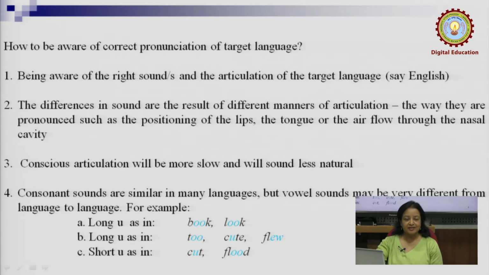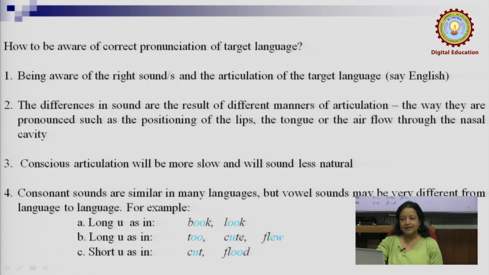The differences in sound are the result of different manners of articulation, the way they are produced or pronounced, such as the positioning of the lips, tongue, or a possible closing of the air flow through the nasal cavity.